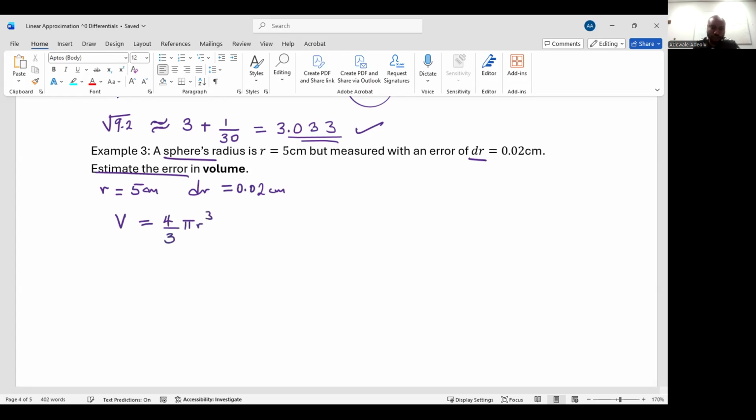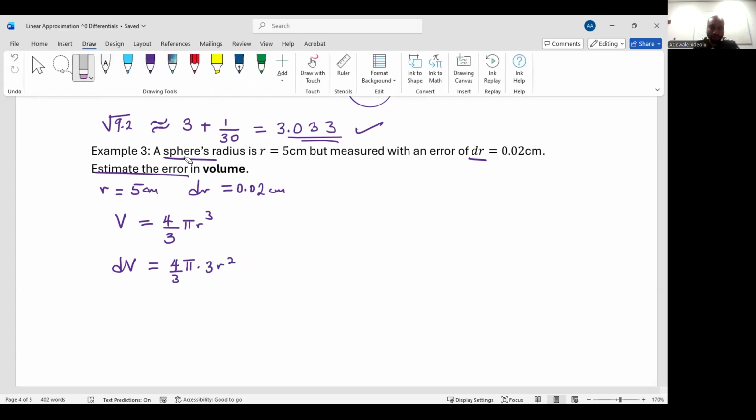So volume of sphere is 4/3 pi r cubed. So dV equals 4/3 times pi times 3r squared dr. You remember? Or let me just say dV/dr is that, then dV is approximately 4 pi r squared dr. Or you can just always use this. dy is approximately equal to f prime of x dx.